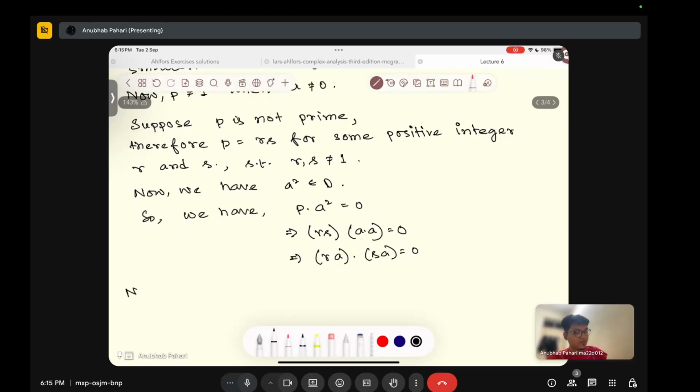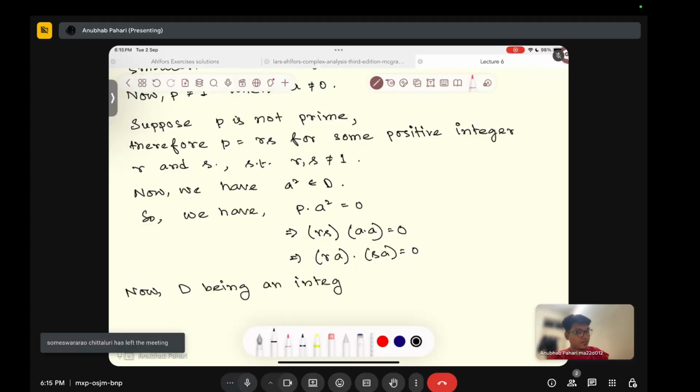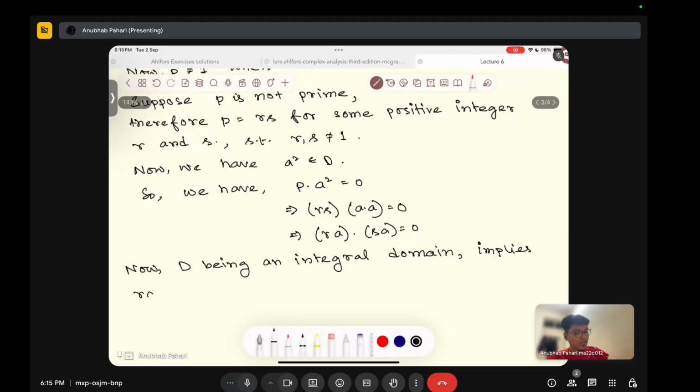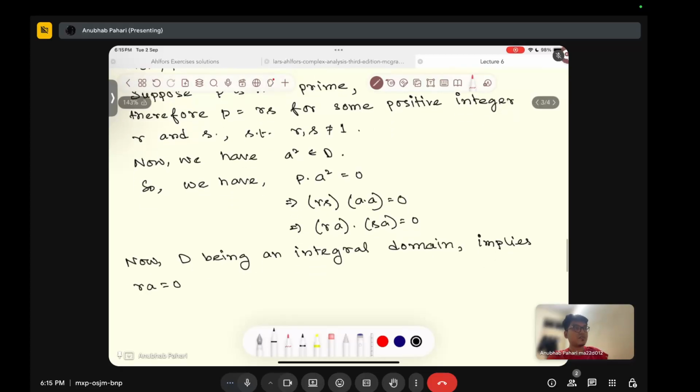Now D being an integral domain implies RA equals to 0 or SA equals to 0, right?